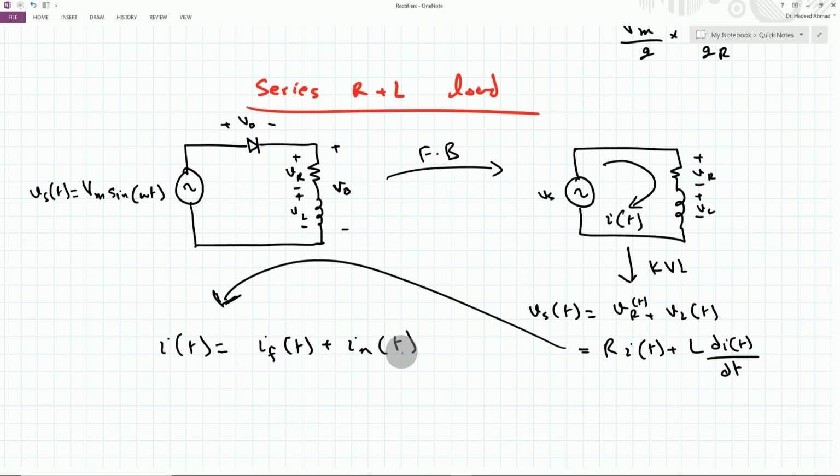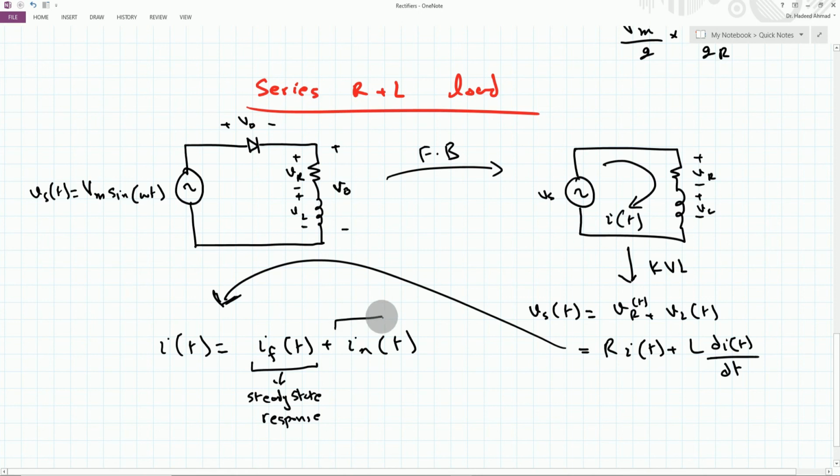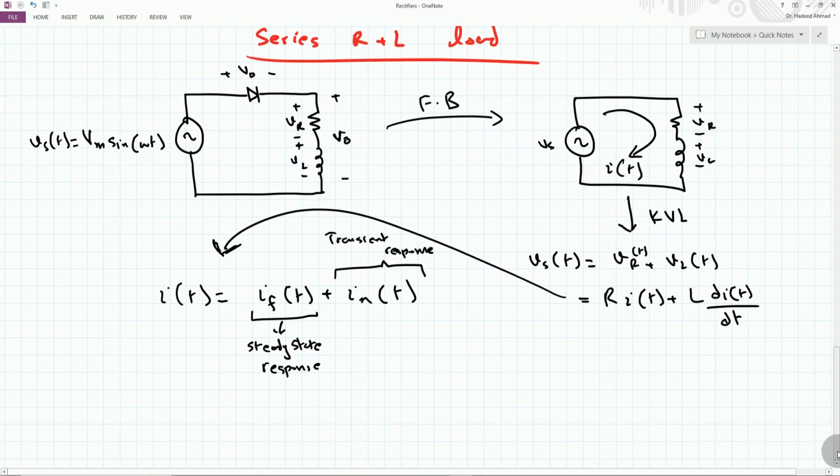Now this forced response, as you all know, represents the steady state response of a given circuit, whereas i_n(t) is a transient response which vanishes out with the passage of time, and it has to vanish out if the system is a stable system.